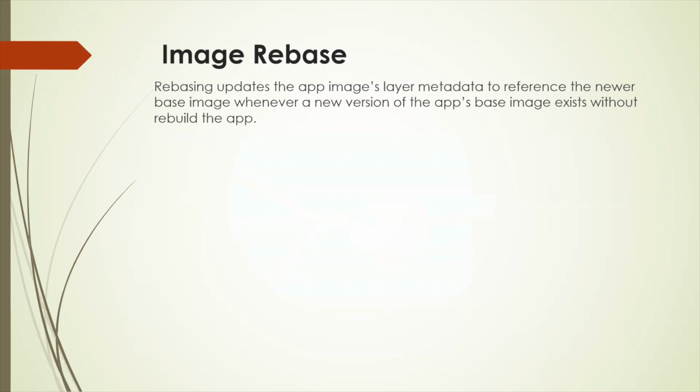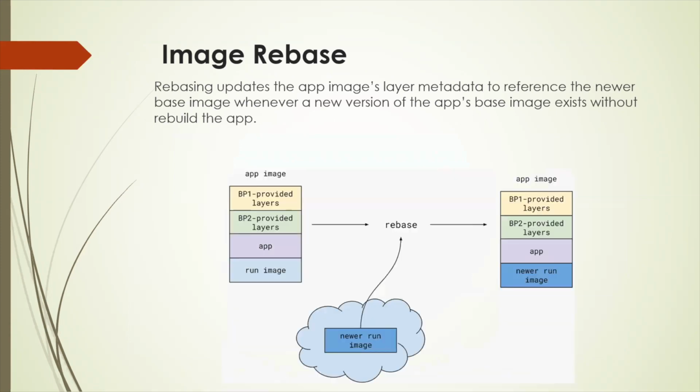One of the most important properties of using Buildpacks, or you can say one of the coolest features here, is image rebasing. Image rebasing is where you need to replace your actual run image, where you have deployed your application. Let's say, for example, a certain CVE vulnerability has been detected, and you need to replace your base image with the patched OS image.